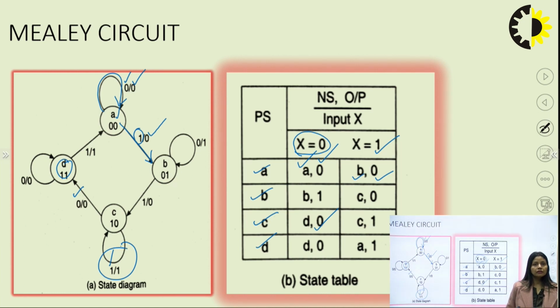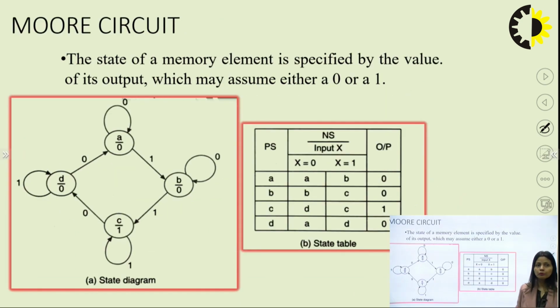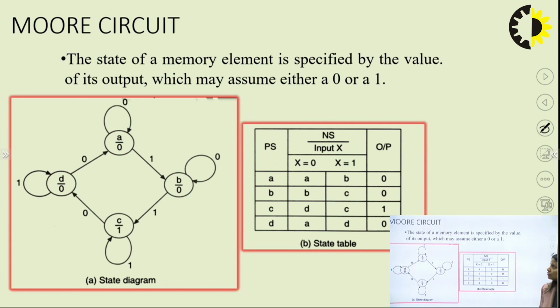We have written the state table from the state diagram itself. So, why are the states changing? The states are changing just because of the clock pulse given to the flip flops and the input provided to them. Now, here we have discussed the Mealy circuit.